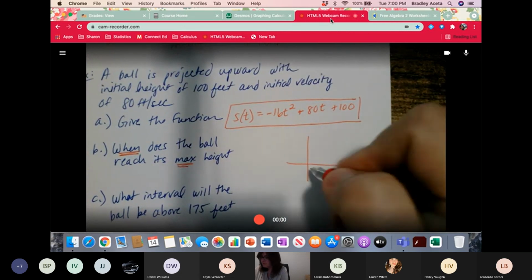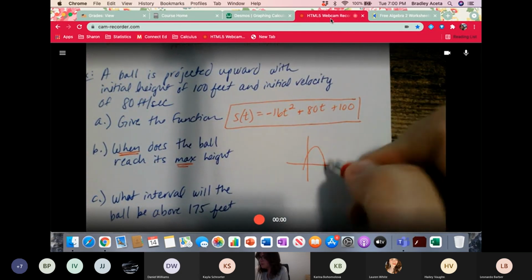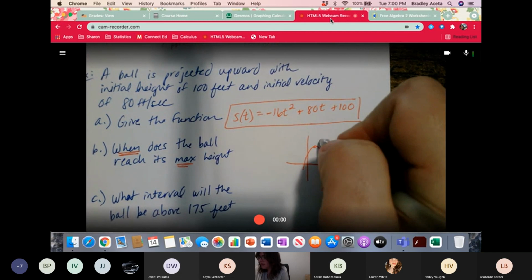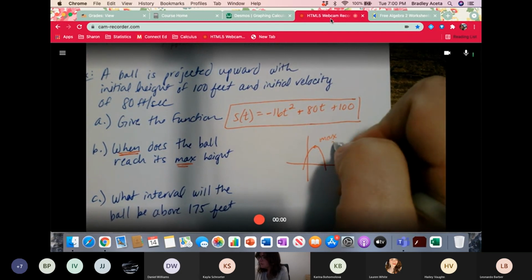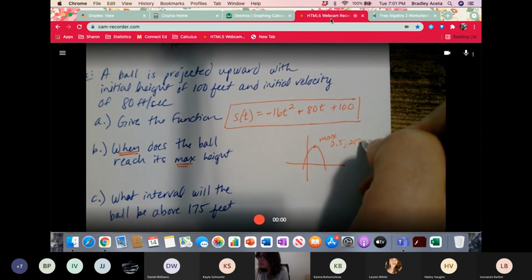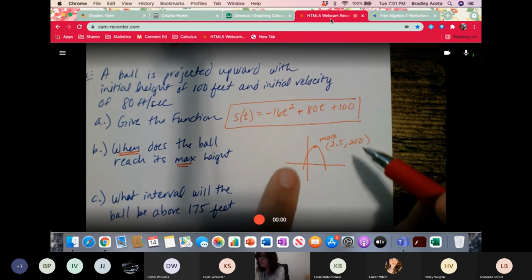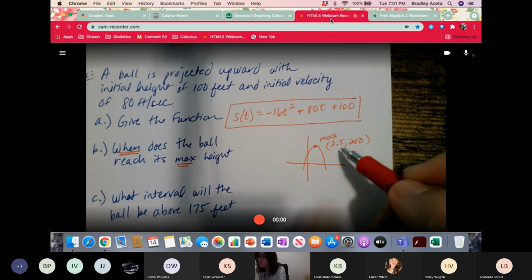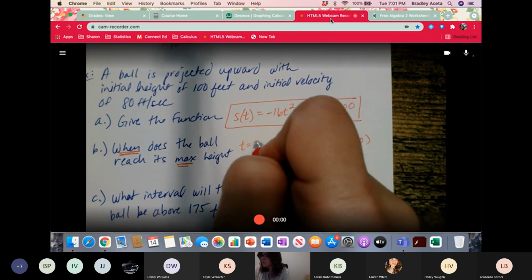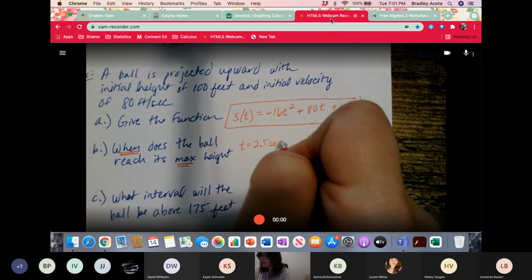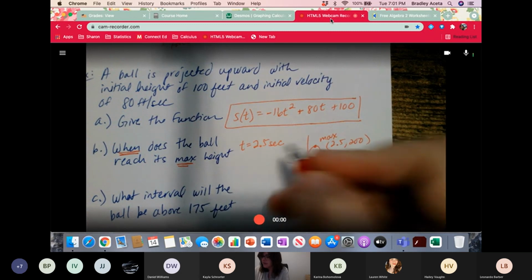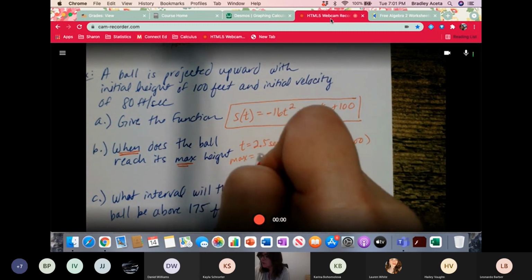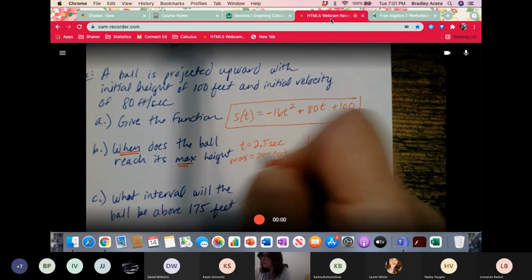So right here is the max of (2.5, 200). Now let's explain what that means real quick. 2.5 is my x, or my t in this case, my time. This would be t equals 2.5 seconds. It reaches a max of 200 feet.